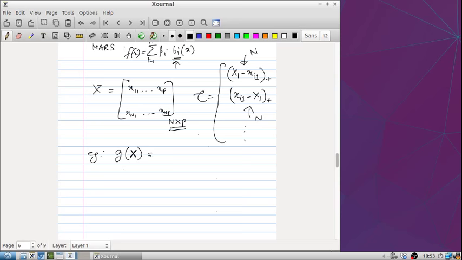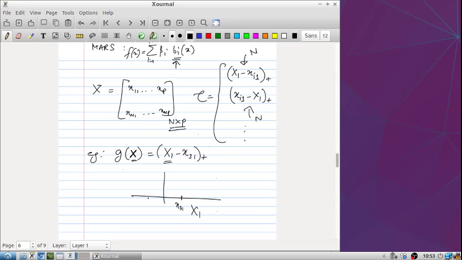Specifically, for example, I can say the function is going to be x1 minus x31, plus. Okay, what does this mean? This is a function of all variables which only depends on the first variable, capital X1. In particular, if this is capital X1, maybe there's an x31 value, which is a number.